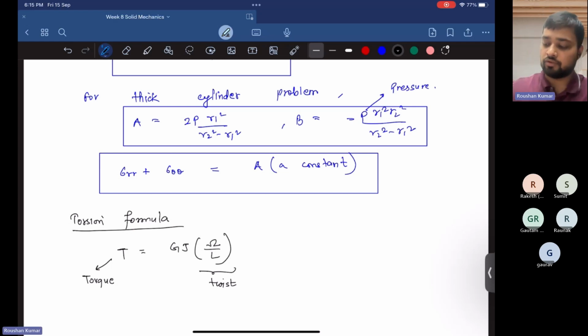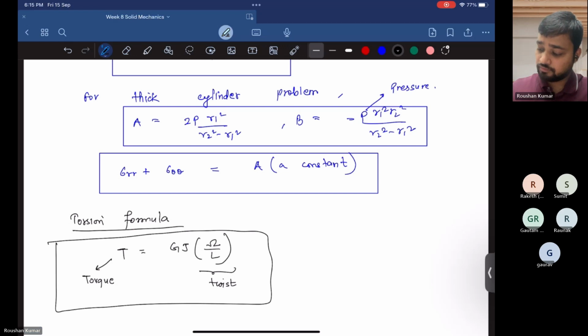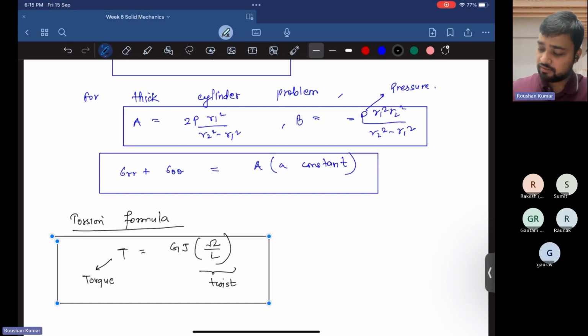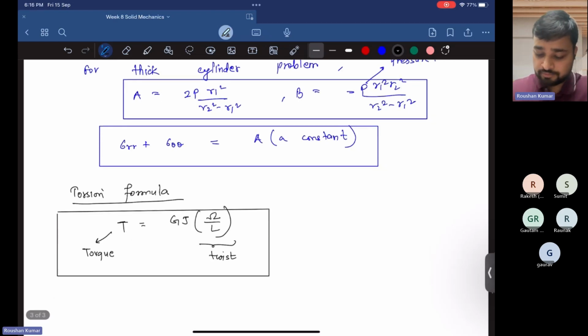To find the value of the torque, we can use this formula, which is basically T equal to Gj omega by L. Also from here we can infer that omega, which is the rotation of the cross section, is given by TL upon Gj.